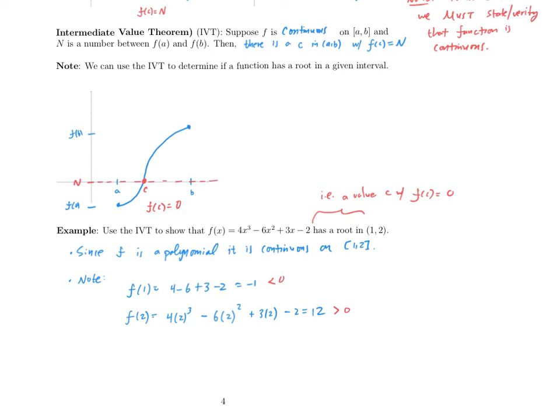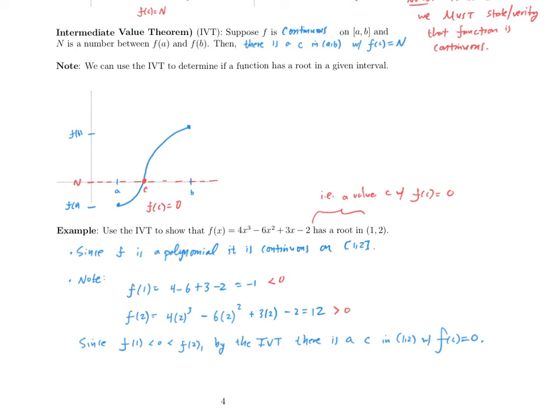So now is time for the conclusion. So since f of 1 is less than 0, which is less than f of 2, by the intermediate value theorem, there is a c in between 1 and 2 with f of c equal to 0.